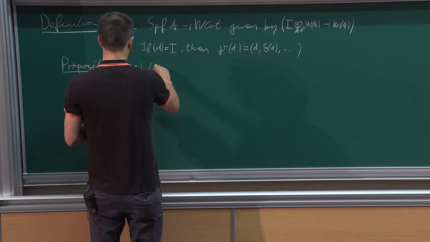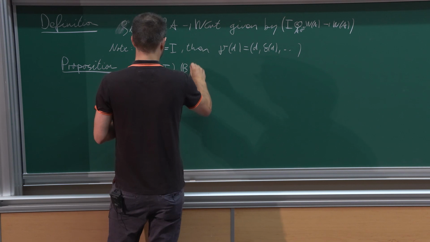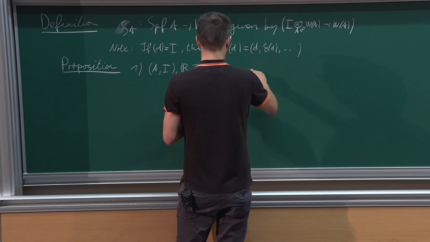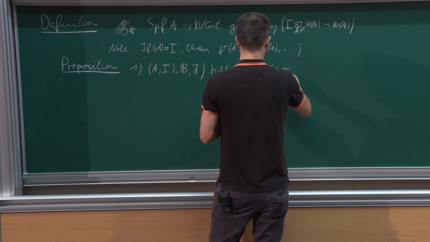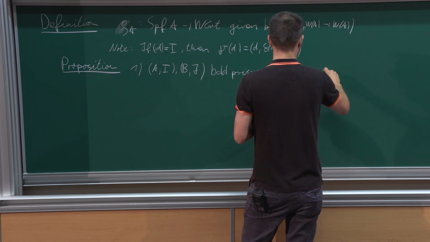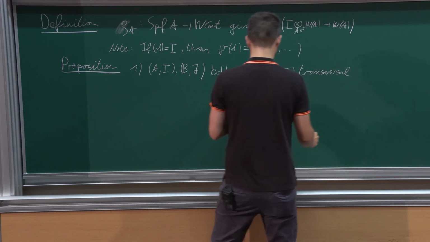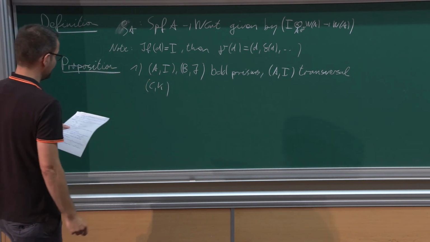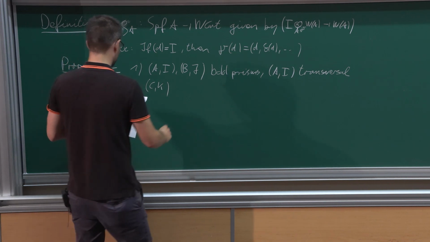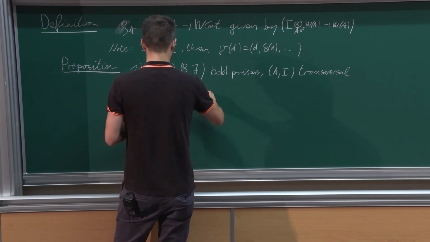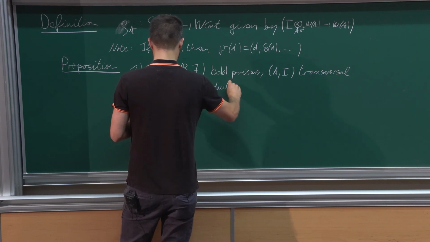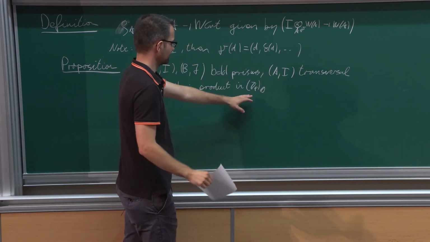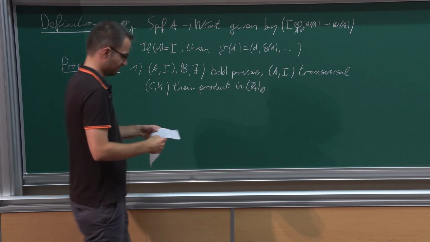So assume we have two prisms, say, which are bounded, that (A, I) is transversal, and then in the category of prisms there exists the product. And here, maybe note that the category of prisms is actually just the absolute prismatic site of Z_p.